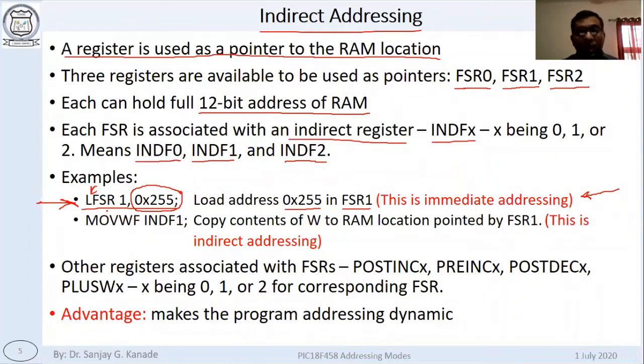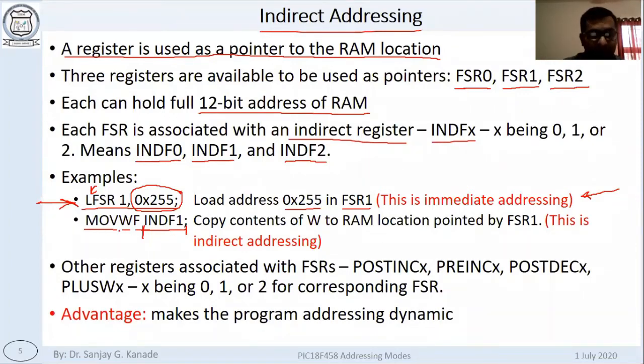The second instruction here is an example of indirect addressing, right? See, MOVWF is the instruction, but the F here is INDF1. As I said, INDF1 is associated with FSR1. This INDF1 is only a virtual register.